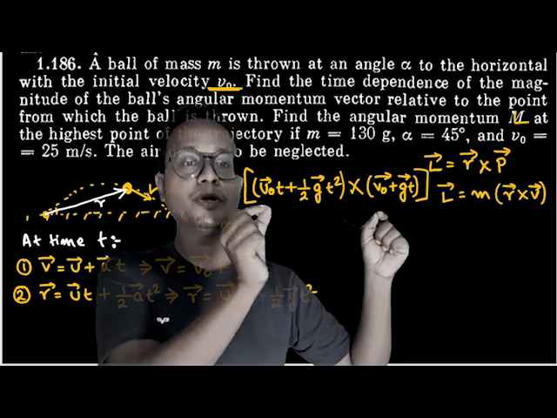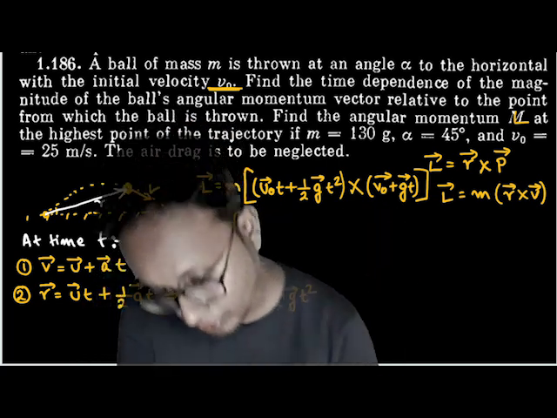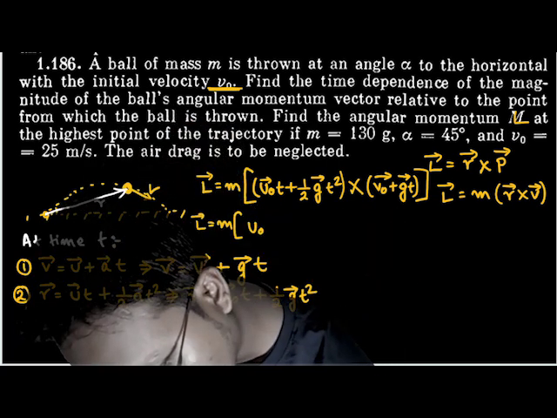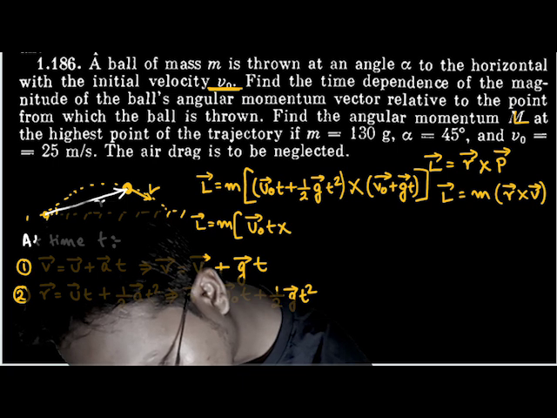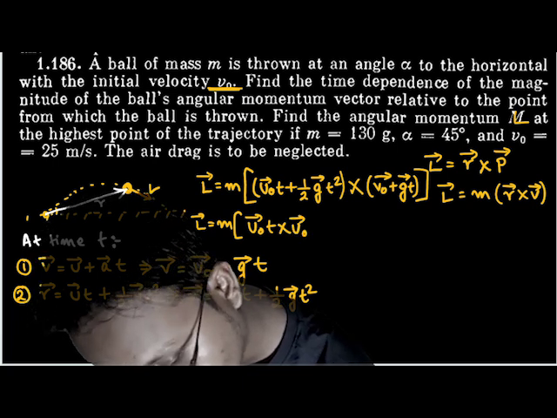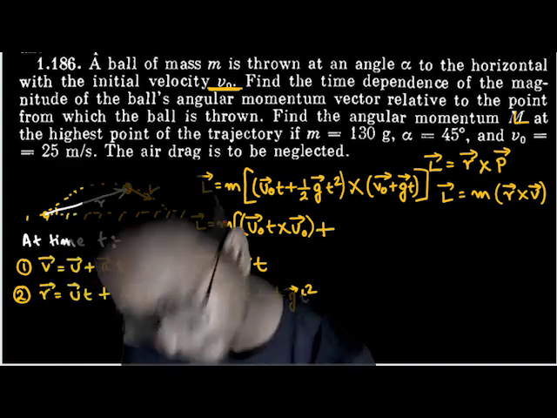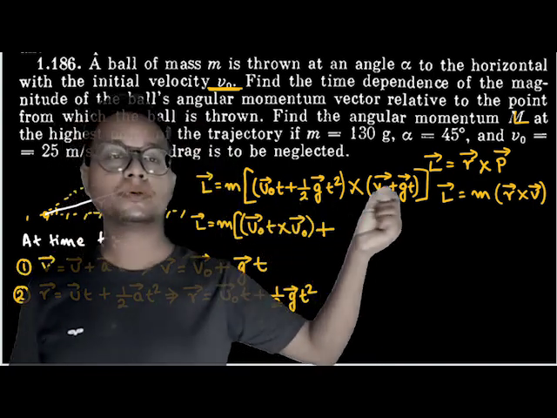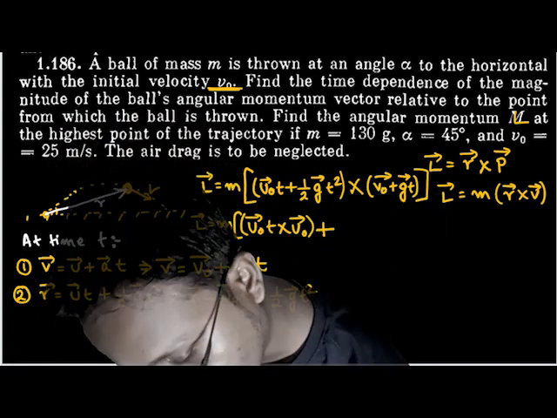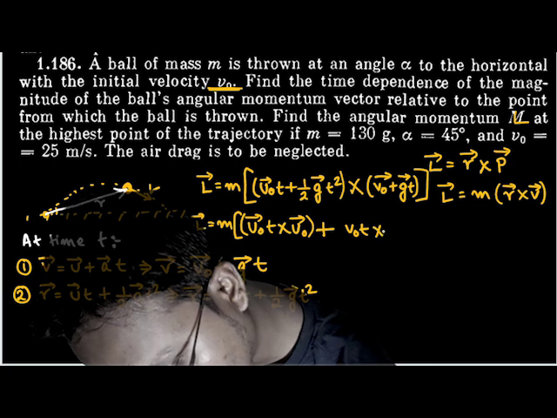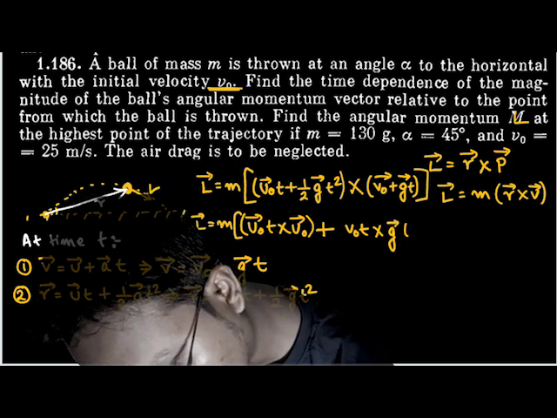So it will be v naught t cross v naught, a into c, plus a into d, so it will be v naught t cross g t.